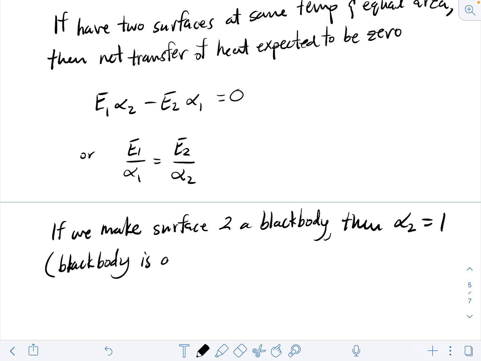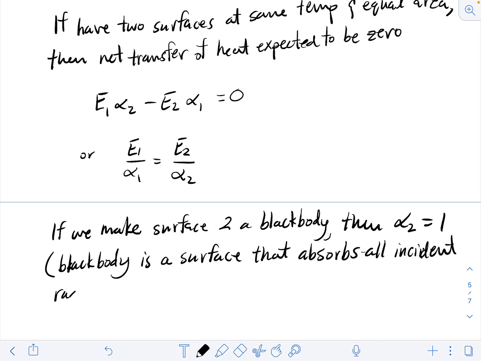That is, a black body is a surface that absorbs all incident radiation.